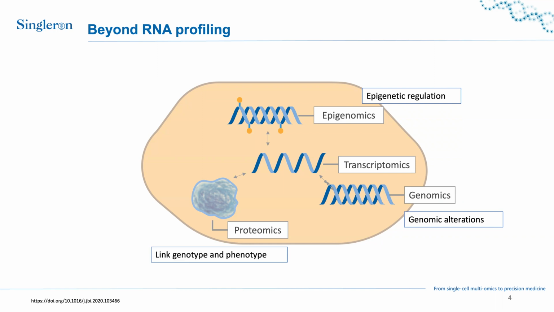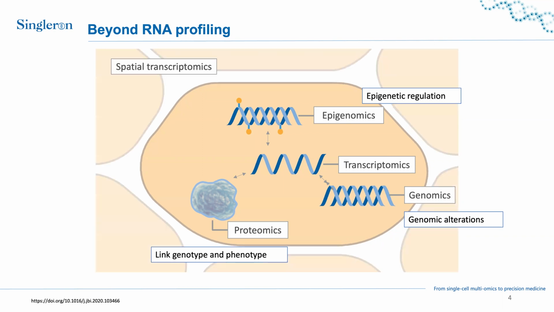You can also look at proteomics, to correlate mRNA and protein expression and link genotype and phenotype. And you can look at spatial transcriptomics, to look at your cells in their positional context in the tissue.